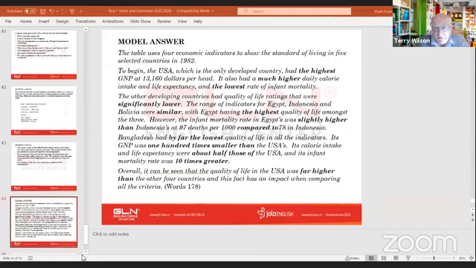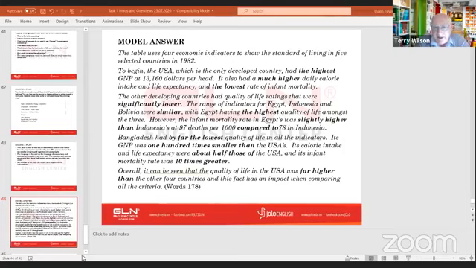So, when you practice, think about how much describing you're actually doing, and check how much comparing you're actually doing. Describing will not get you a high band score.